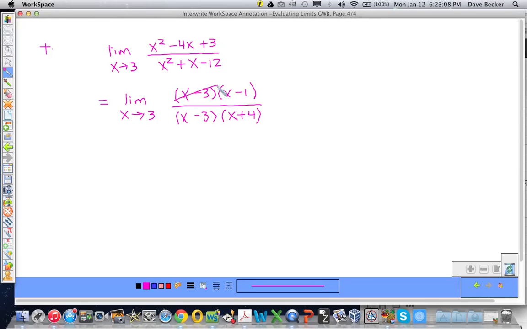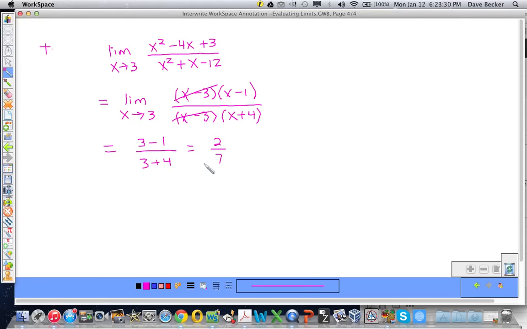Yes, and so I get this to cancel. And now I can directly substitute 3, and I don't have anything undefined. So this becomes 3 minus 1, replacing x with 3, over 3 plus 4, which is equal to 2 over 7, 2/7. Okay.